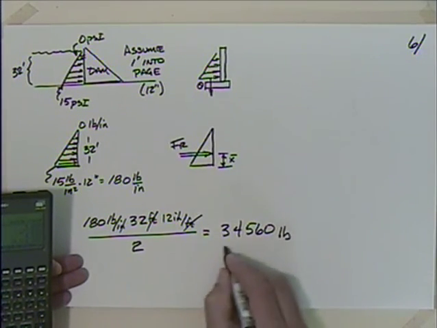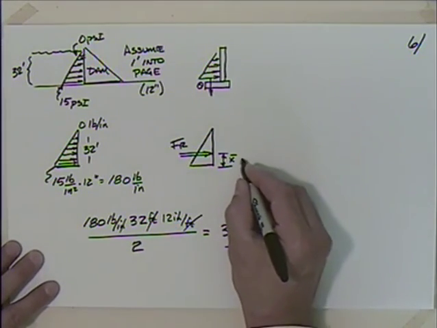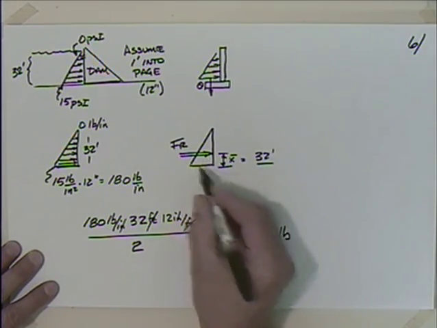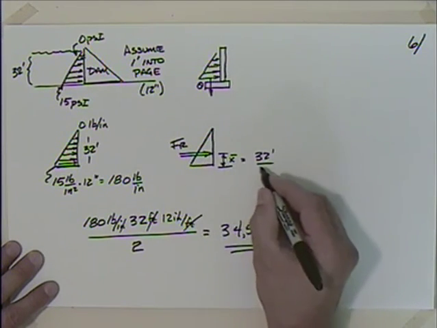34,560 pounds. I've got too many significant figures there, but I'll leave them so you know where that number came from. You can check it out. So 34,560 pounds. And what's x bar? Well, x bar is just going to be equal to 32 feet divided by, it's going to be acting at the centroid. We know the centroid for a triangle is 1/3 from the large end and 2/3 from the small end.